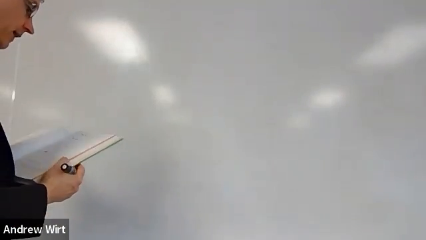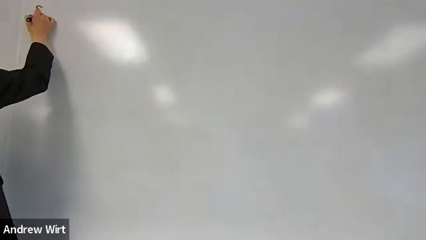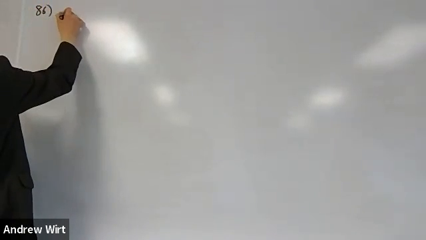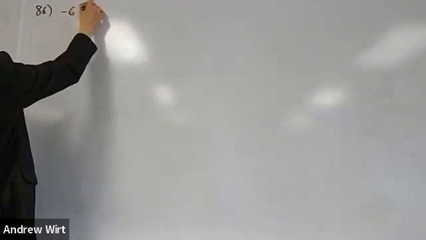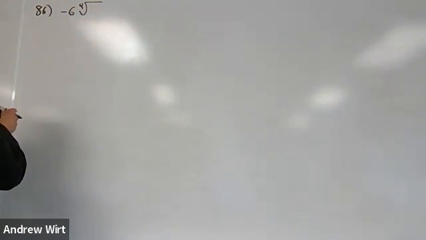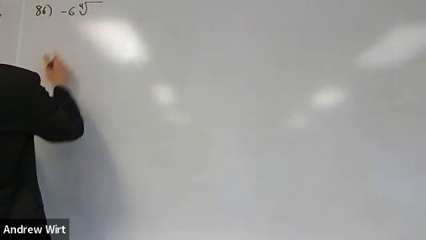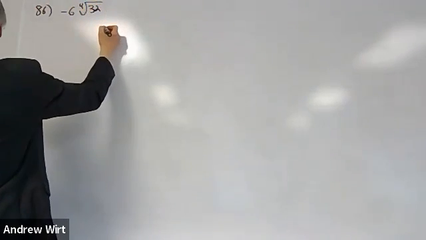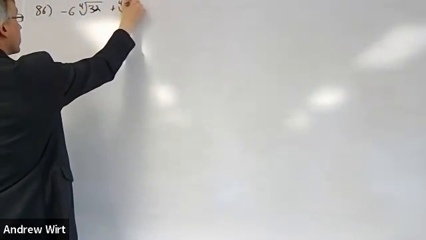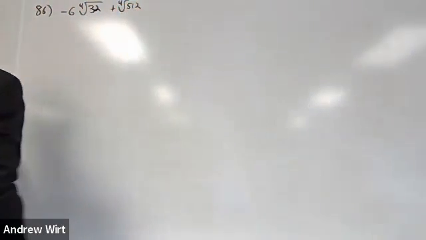All right, next up, 86. Negative 6 times the fourth root of 32 plus fourth root of 512.